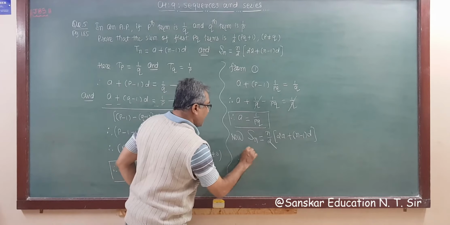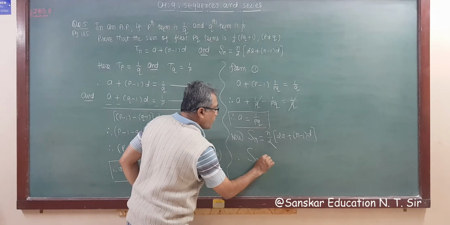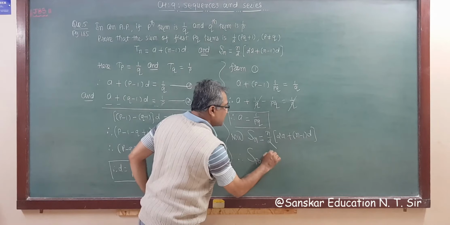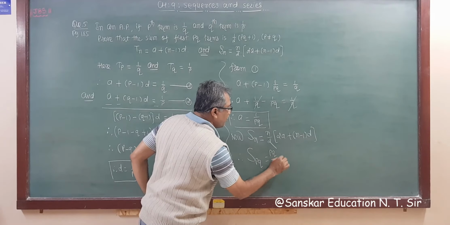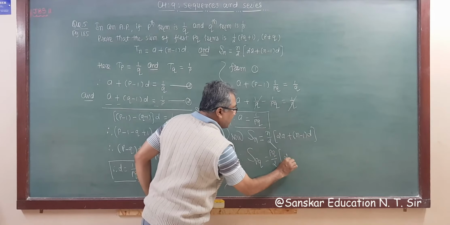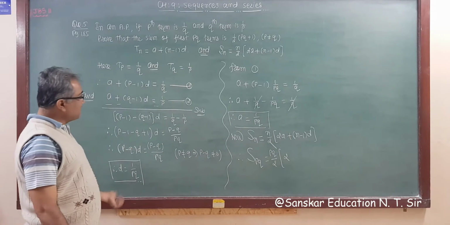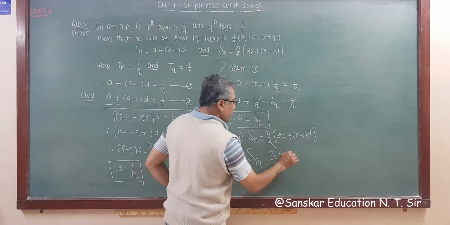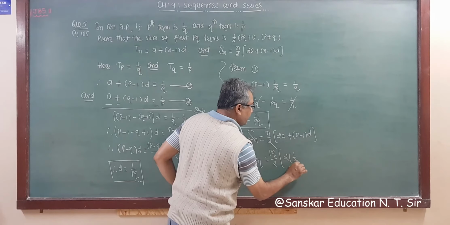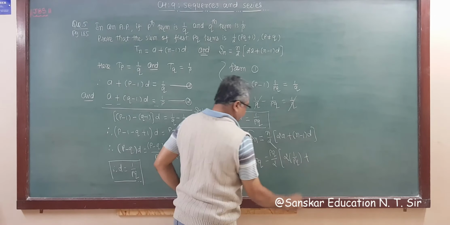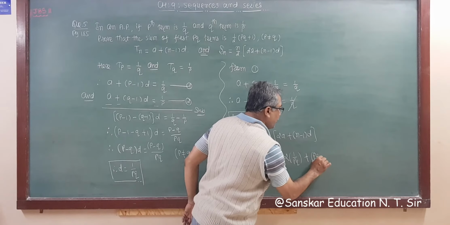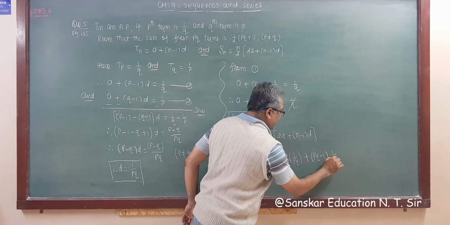So S pq is equal to pq by 2 into 2 times a, where a is 1 upon pq and d is also 1 upon pq. So a is 1 upon pq plus (n is pq) so this is (pq minus 1), d is 1 upon pq.